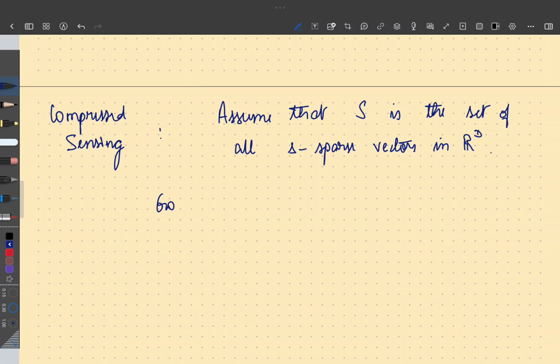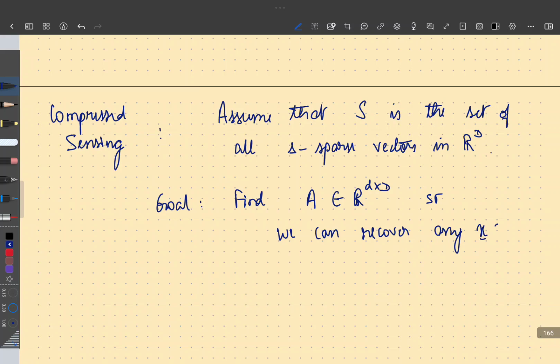So once again, the goal is to find a particular matrix A such that, and we will demand something even stronger this time, you can recover any X in S, any s-sparse vector, from A times X.